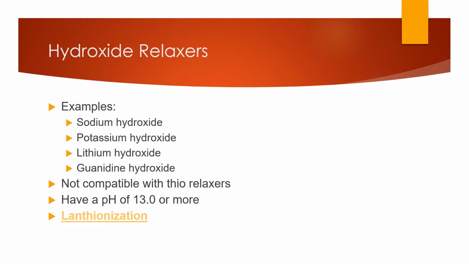Lanthionine bonds contain only one sulfur atom. The disulfide bonds that are broken by hydroxide relaxers are broken permanently and can never be reformed. That is why hair that has been treated with hydroxide relaxer is unfit for permanent waving and will not hold a curl.